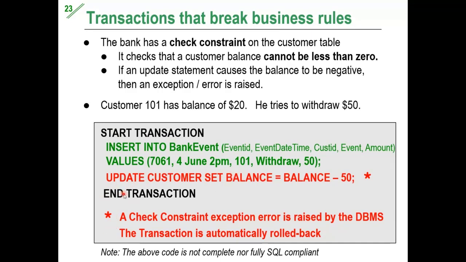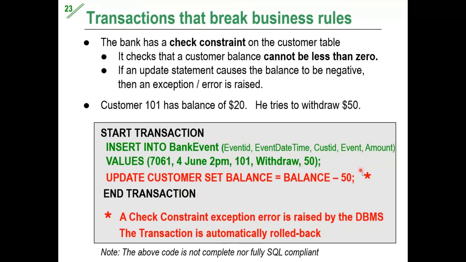This is the update statement, and then end transaction. Okay. So between this, anything can happen, right? If the database management system does not come to this position successfully, that means we need to roll it back, right?